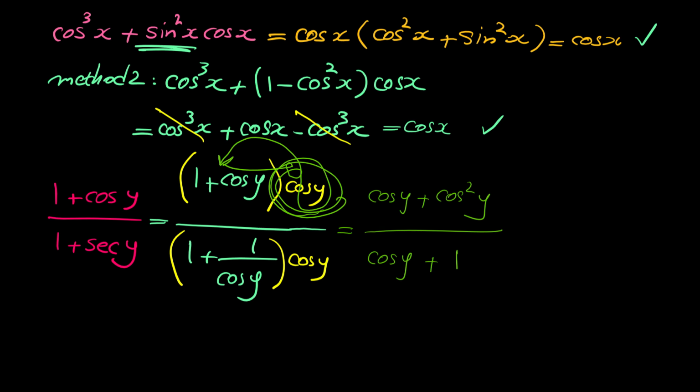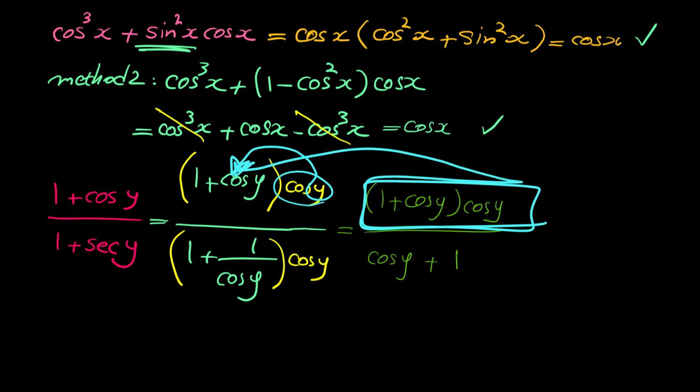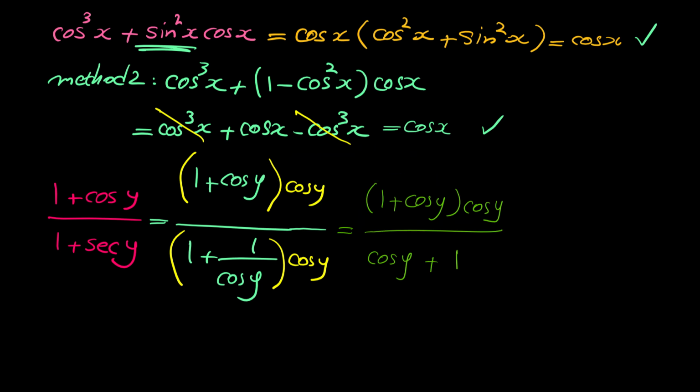Leave it outside. Let me erase the numerator. I leave the cosine outside. So 1 plus cosine y times cosine y. Even if you multiply this, you can factor it again and get the same expression as here. But definitely it's a good idea to multiply when it simplifies your expression. When by multiplying you get a more complicated expression, there is no reason really to multiply.